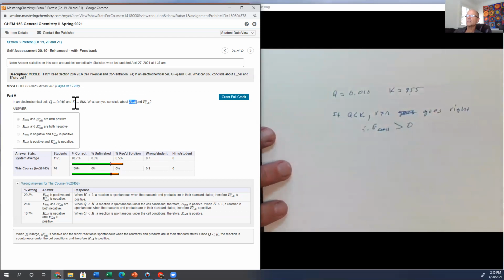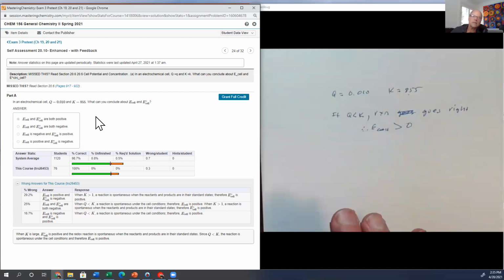Now let's just look at K for a minute. K is 855, right? There are two ways to think about this, one conceptually and one using the equation. Let's think about it conceptually first, and then I'll show you how to think about it with respect to the equation. K is equal to 855. What does that mean? Remember what E cell tells you.